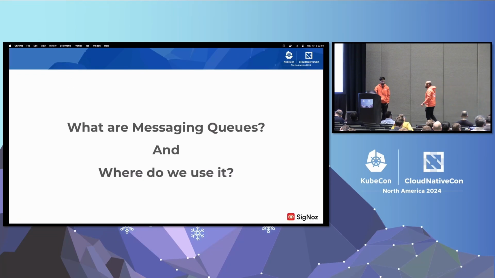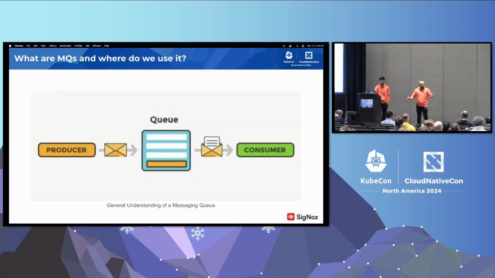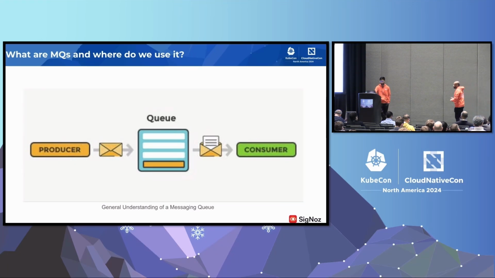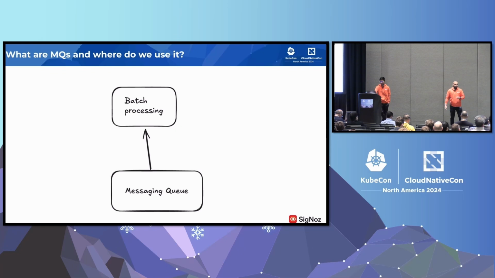So let's start with what are messaging queues and where do we use them. A general architecture of a messaging queue looks like this. We have a producer or multiple producers, and we have a consumer or multiple consumers, and in between we have a queue. So what is the producer doing here? The producer is doing nothing but sending messages for the consumer to consume.